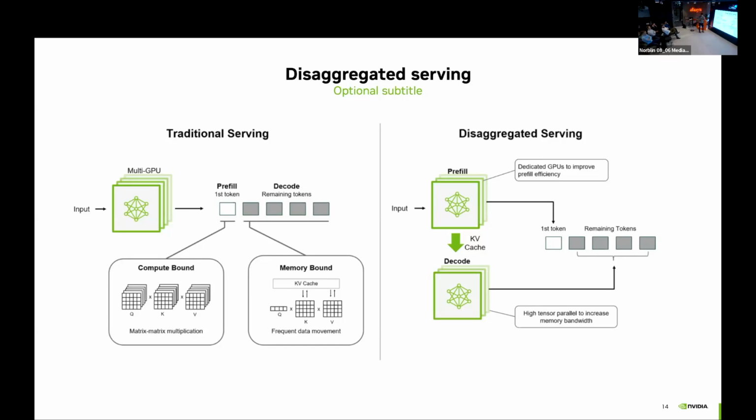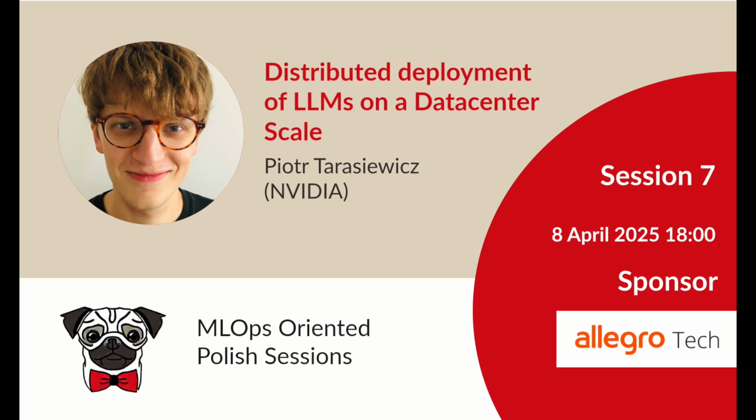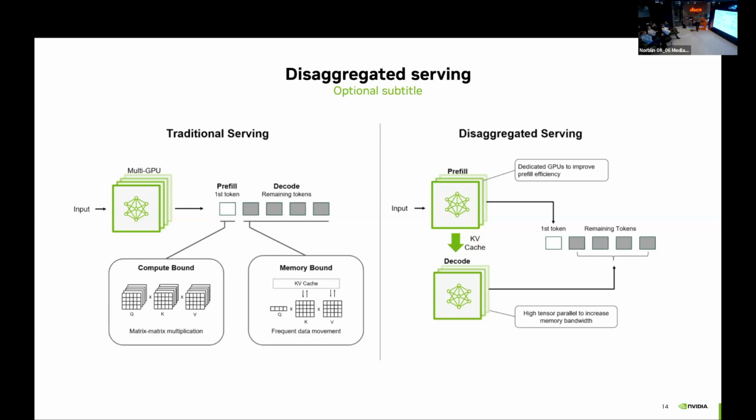So we move a lot of data, we load and offload a lot of model weights, activations, KVs, but we don't do too much computation. We can, for example, increase the batch size to increase the computational load, but for a particular request, there's only so much computation we can do.